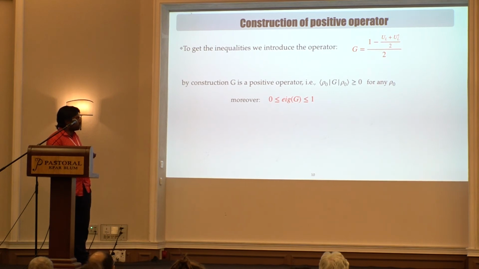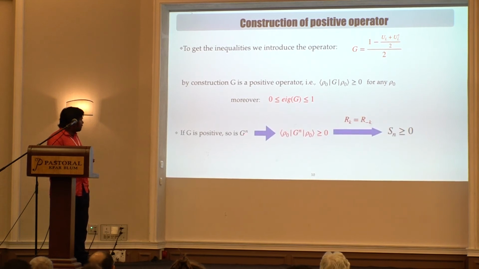If you take the nth power of this, any positive power of a positive operator will also be positive. If you put in the value of G and expand it, and use what I already showed you, that R_k and R_minus k are equal, then you get the condition on S_n, that it has to be positive.